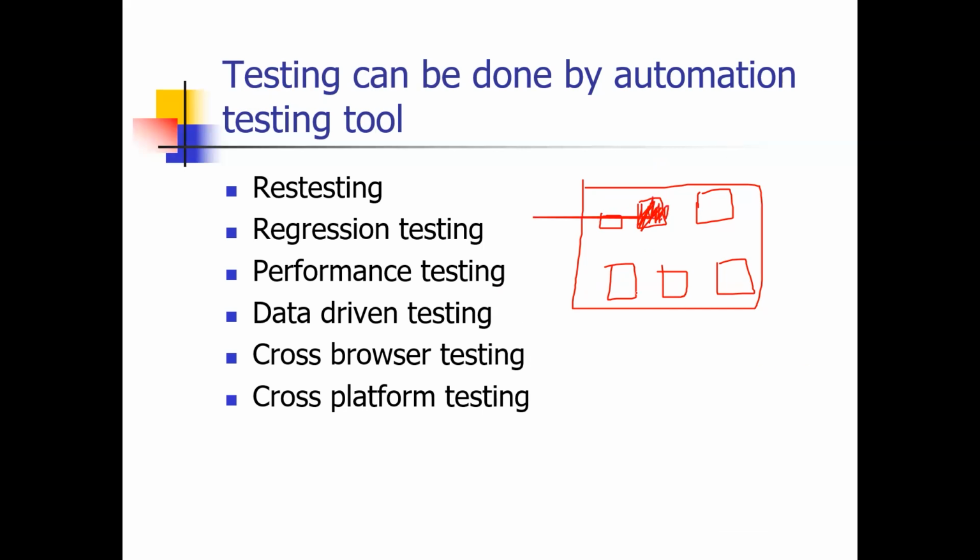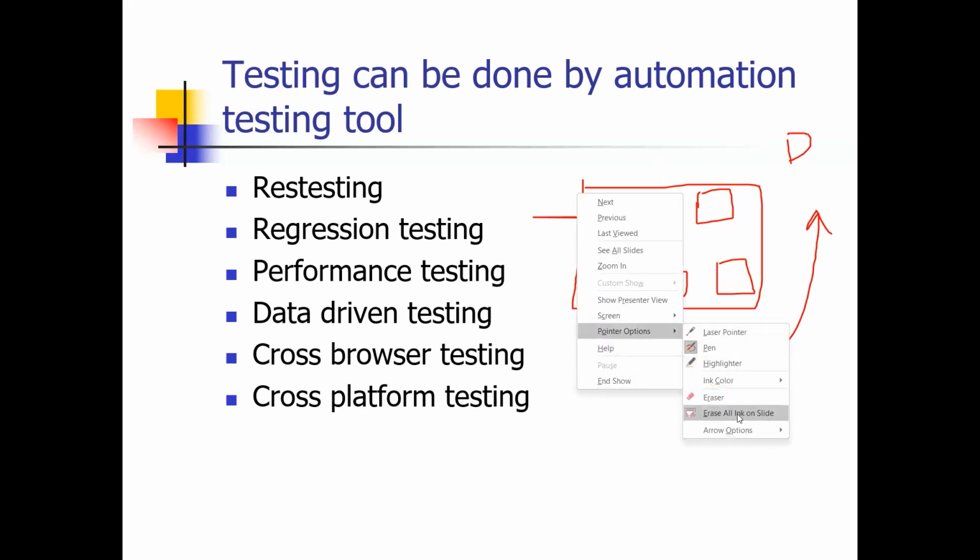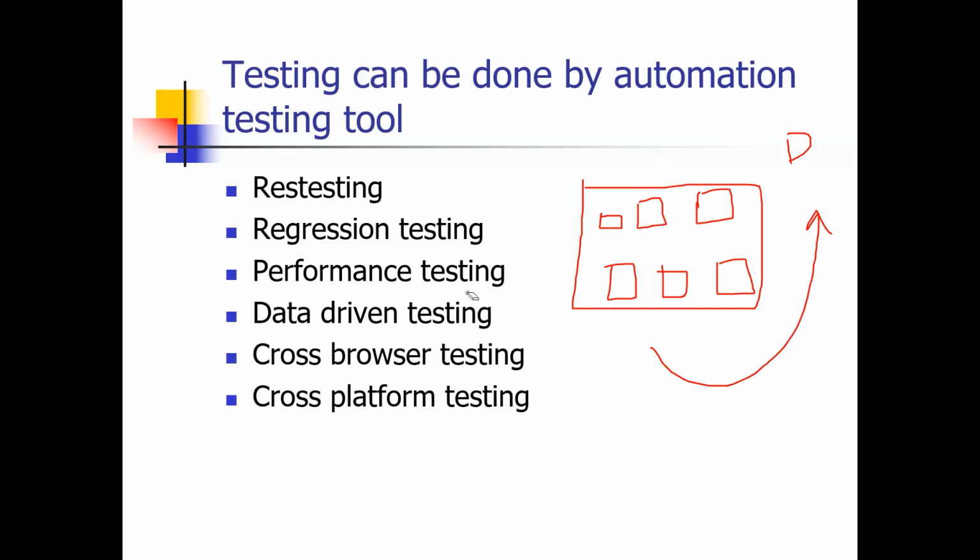So the tester sends it to the developer. The developer will remove this bug, and then it is sent again to the tester. If the tester finds any error, the tester sends it to the developer again. The developer fixes the issue and sends it to the tester to recheck whether it is up to the mark or not.